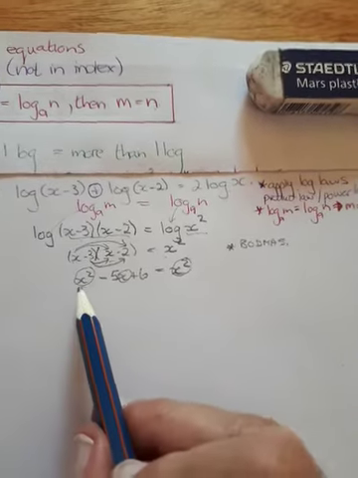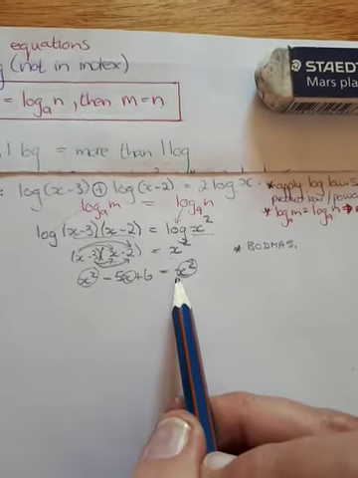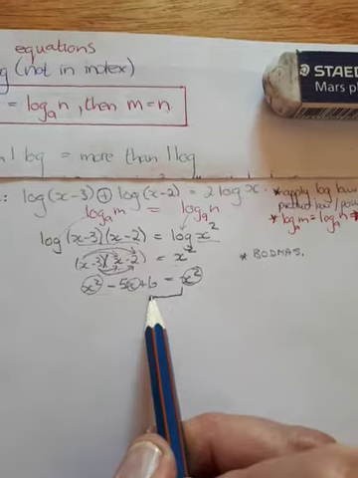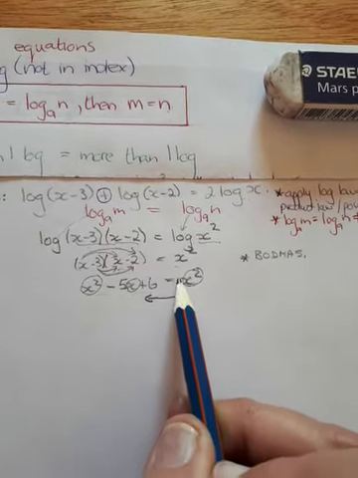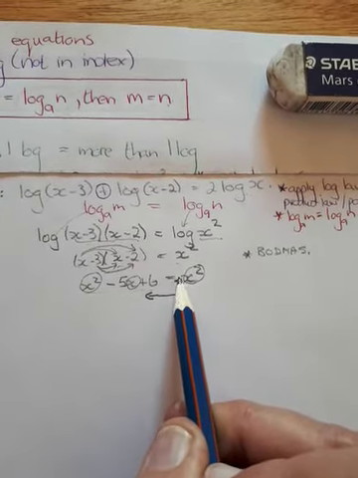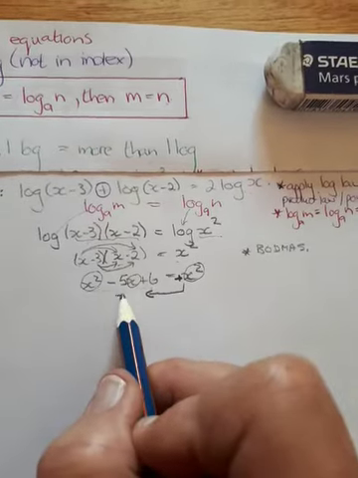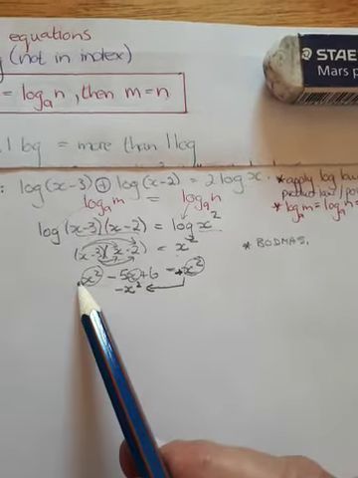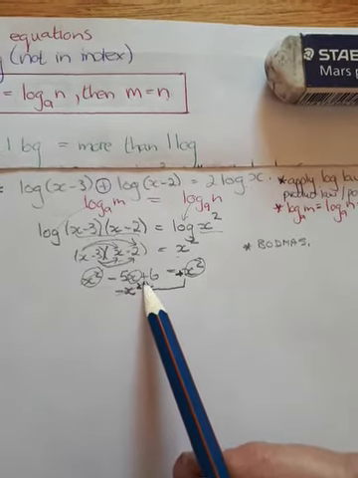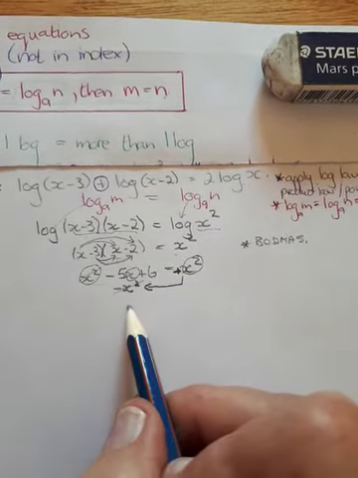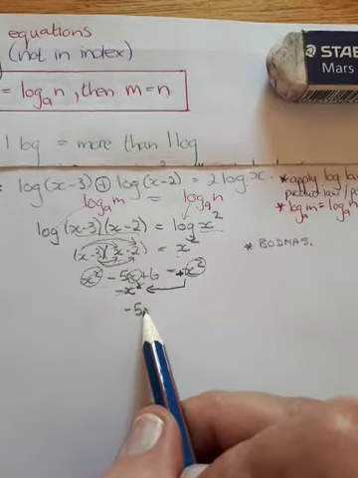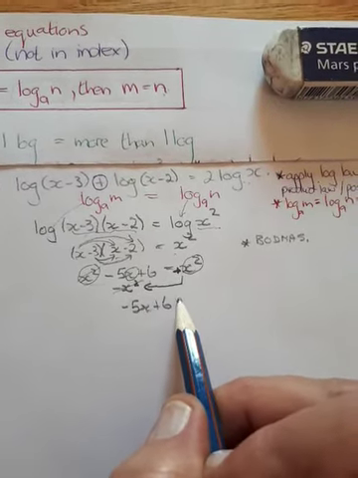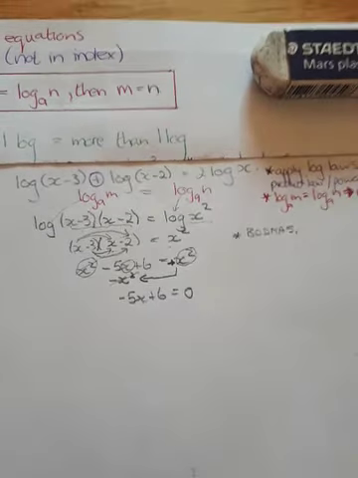There is another x squared, so let's take it over to this side. It is positive on the right hand side, so it will become negative on the left hand side. And x squared minus x squared gives me 0. So on the left hand side, I've got minus 5x plus 6 equals 0.